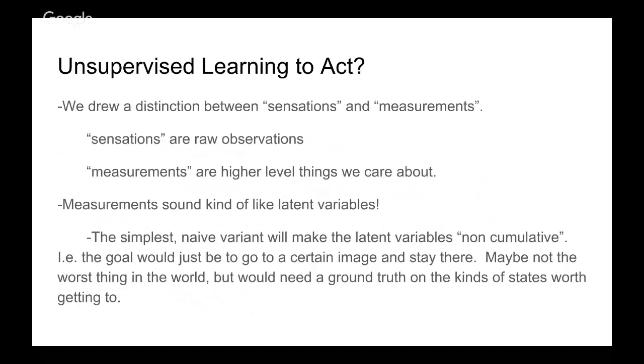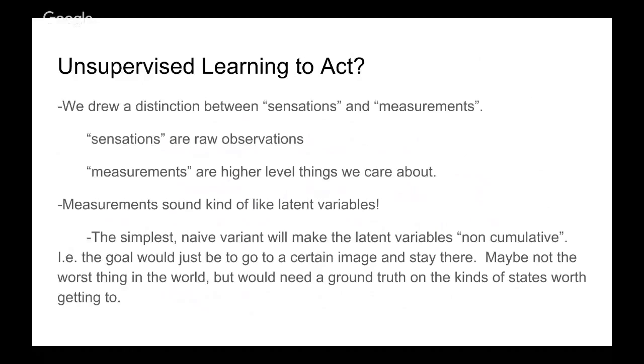This is my last open question. One thing that's interesting to me in the setup here is it decomposes the state into two different things: sensations, which are the raw observations like the images or the audio, and measurements, which are higher level things that we care about.